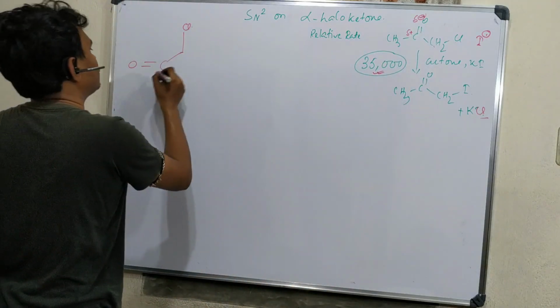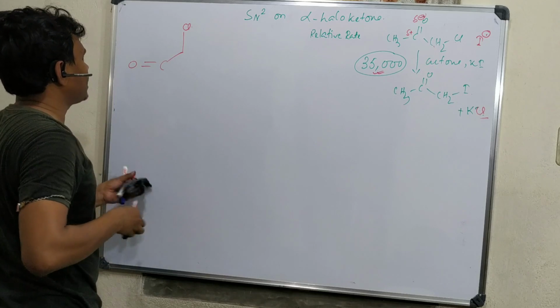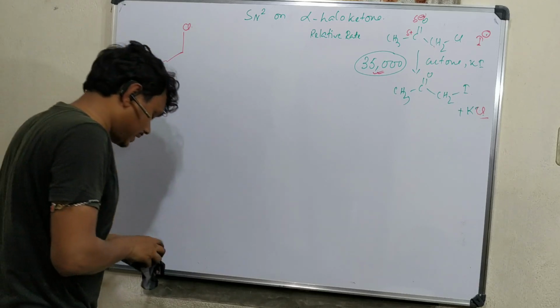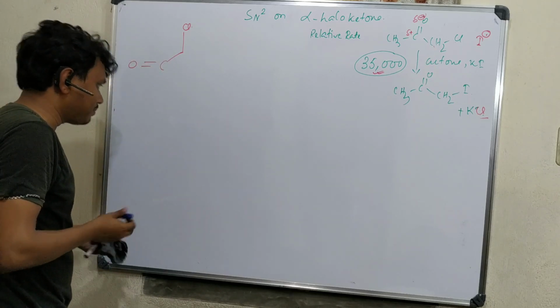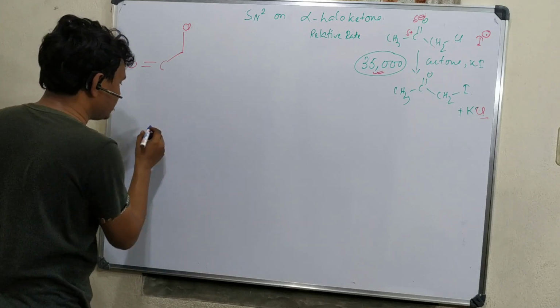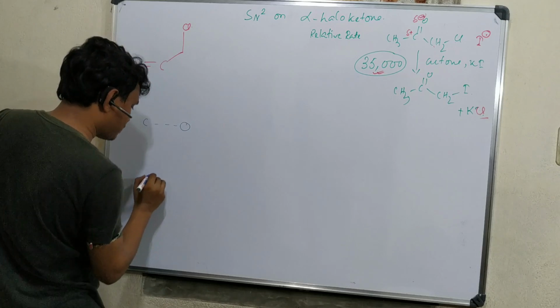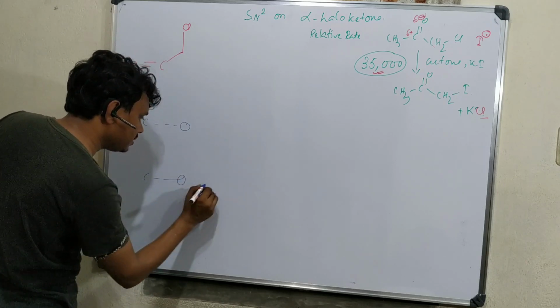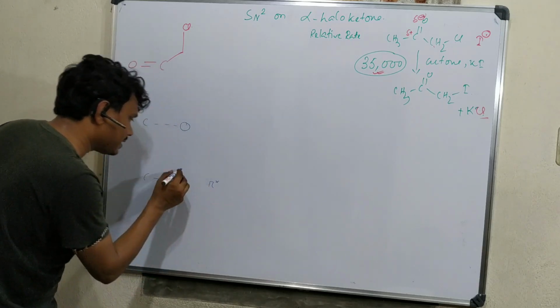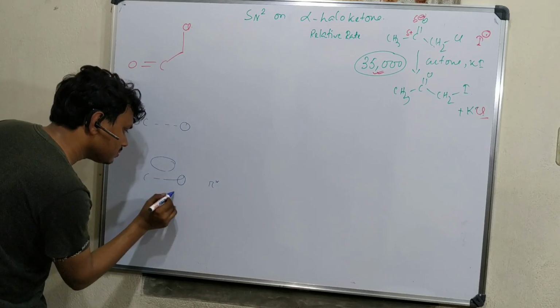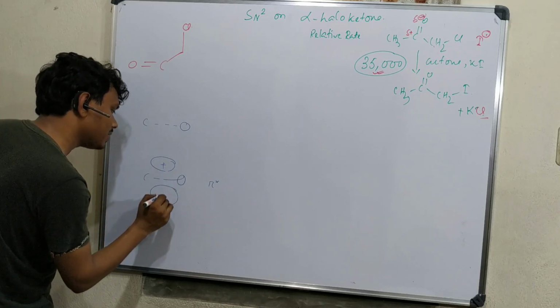Before drawing the MO, let me give you some background about pi and pi star. If a double bond is formed, for example between carbon and oxygen, this is a pi bond, and it looks like this, plus and minus.